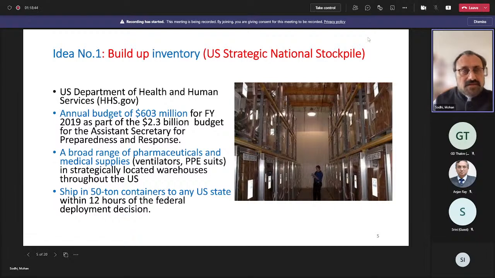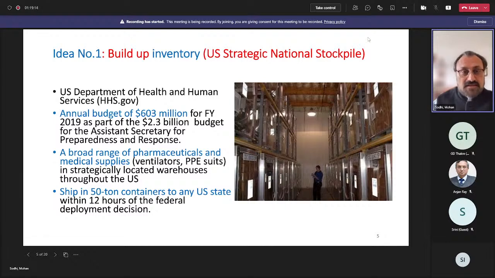This was created in the early 2000s when COVID version 1, then called SARS coronavirus 1, had come up, and it was felt there was a threat that there might be much bigger pandemics in the future, and therefore there should be a strategic stockpile of PPE suits, of these antibiotics Dr. Kaveri talked about, of ventilators.